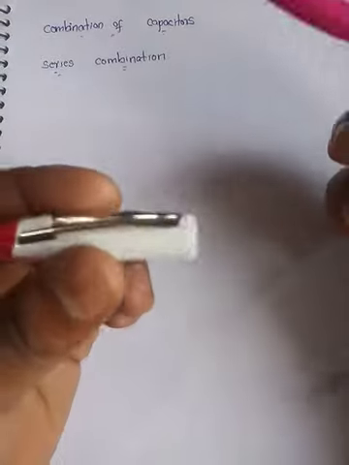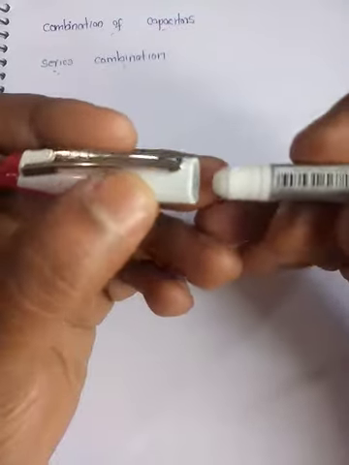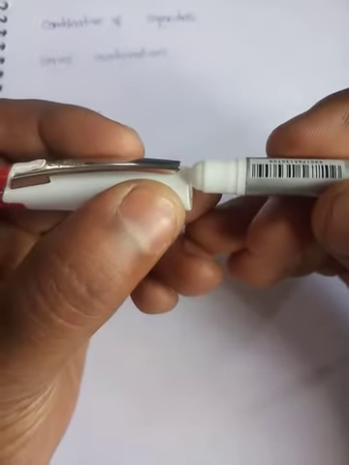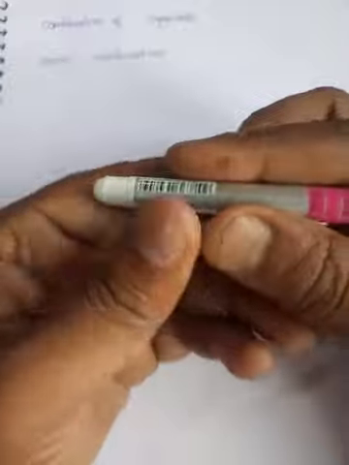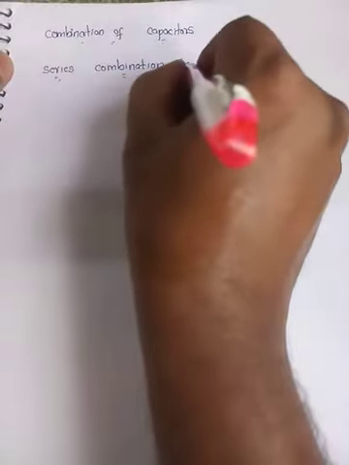For example, this is one capacitor and this is another capacitor. So these are the two plates. Now we are going to connect like this. So this combination is called what? Series combination, like this. One end is connected to another end. So series combination of capacitors is also called end to end connection.